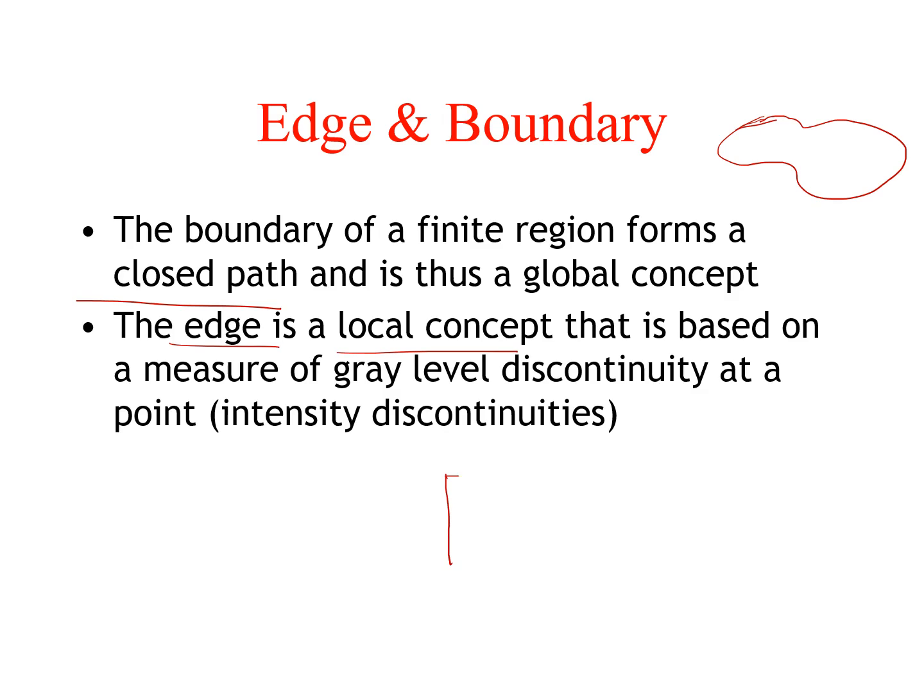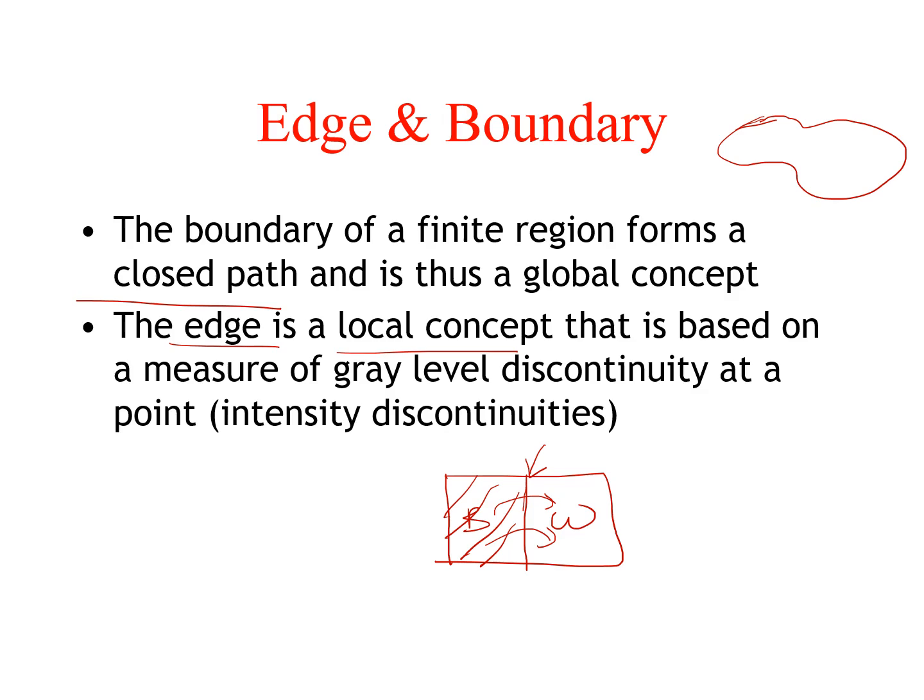So suppose this is an image having black and white areas. This entire thing is black and this is white. Here there is no line or edge which is physically present, but since there is a sudden change from black to white, we perceive this as an edge.